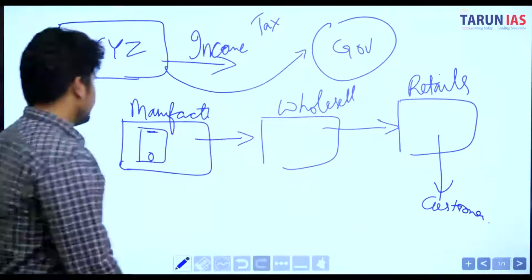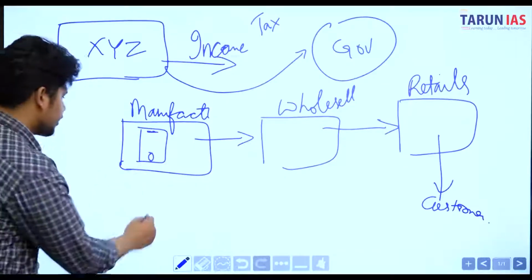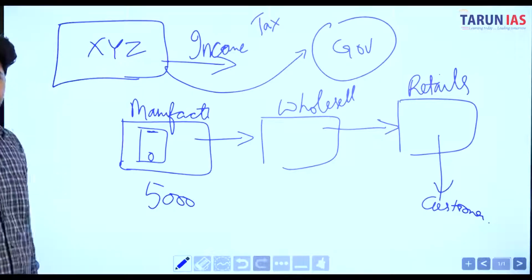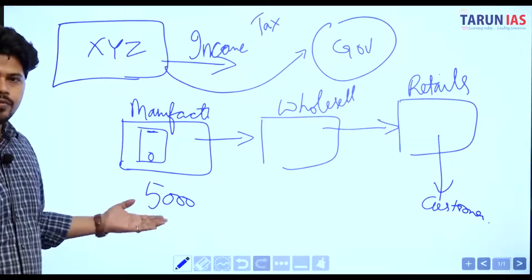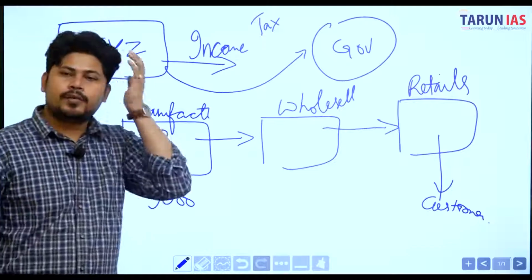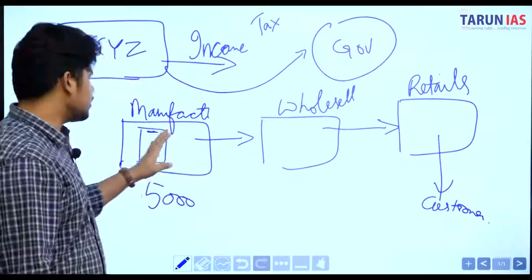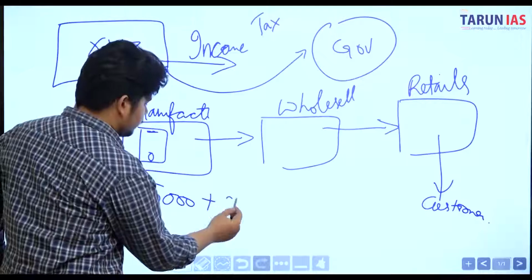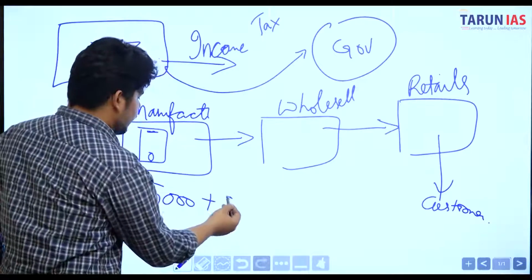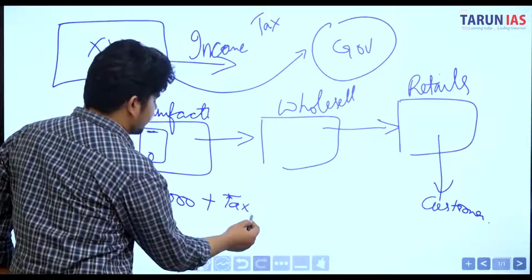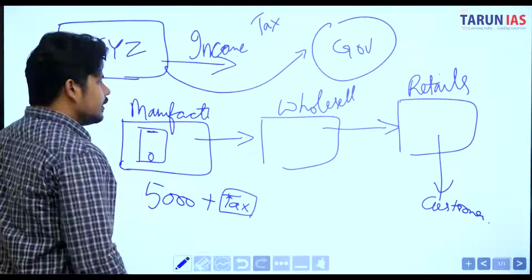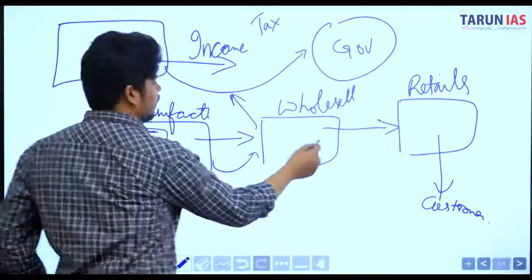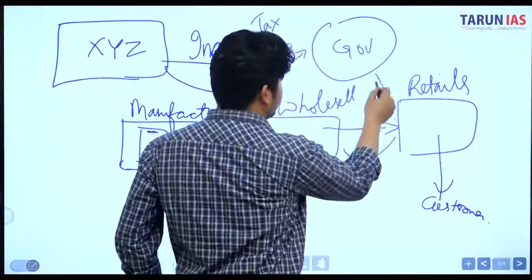Now if we consider the manufacturing cost of the mobile to be rupees 5,000, the government will impose a lot of taxes on the manufacturer. Then the wholesaler purchases and he also pays a certain kind of tax. The retailer purchases, he also pays a certain kind of tax.